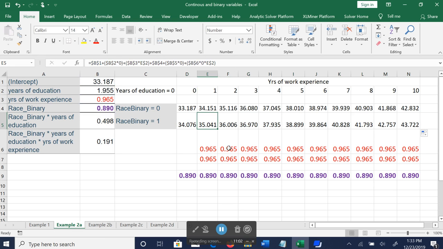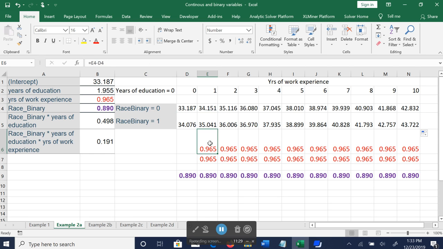And if we want to see how the income for a particular racial group changes with additional years of work experience, this is what we do. This is the formula we use. We subtract this from this.